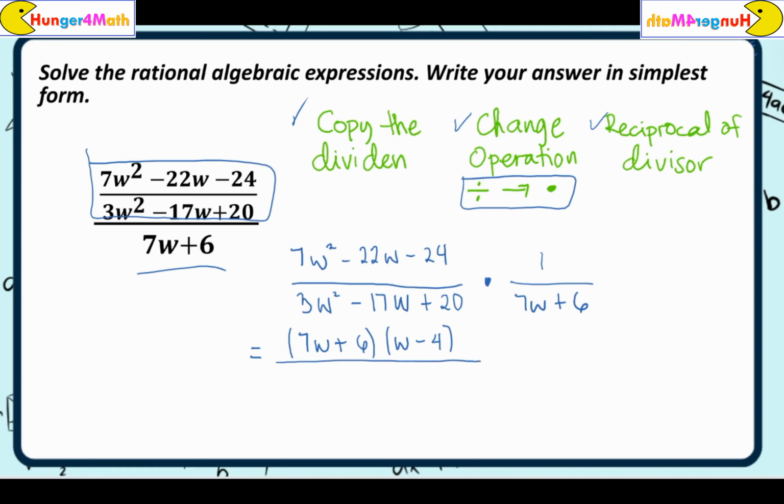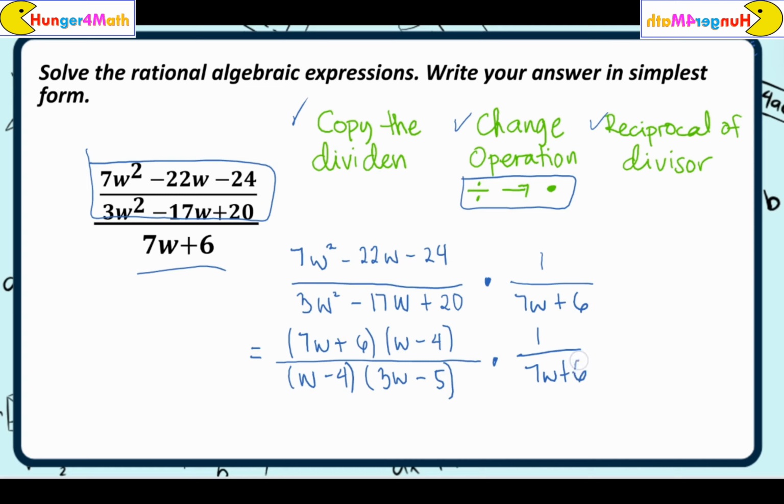With your denominator, 3w squared minus 17w plus 20. Again, diamond method. That will be w minus 4 times 3w minus 5. Then times 1 over 7w plus 6.